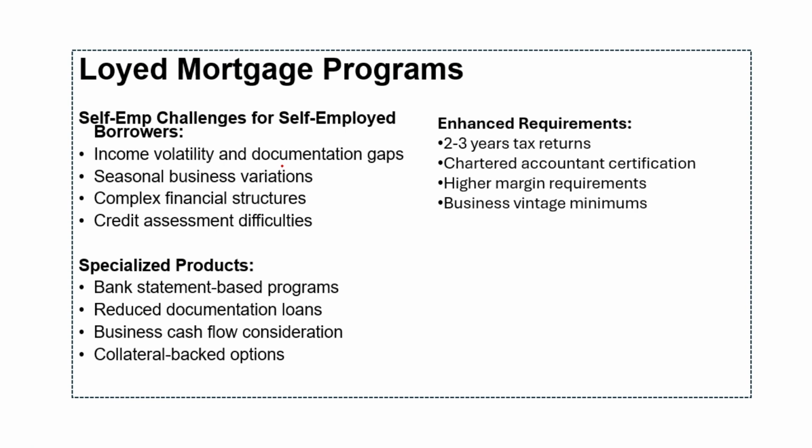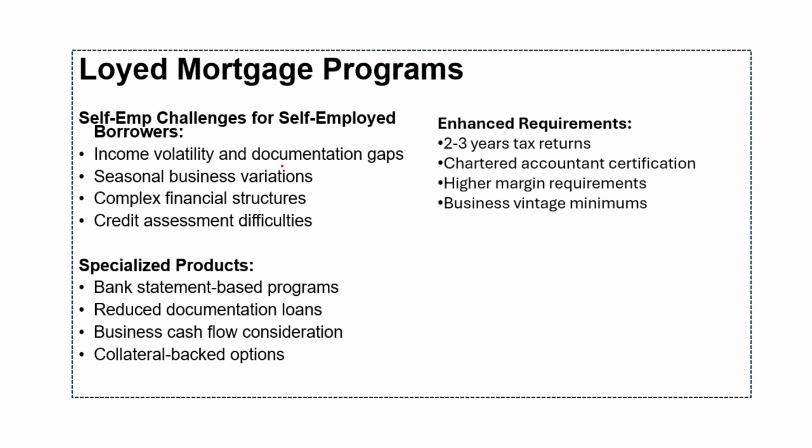Seasonal businesses like agriculture related enterprises, tourism and festival dependent retailers face particular challenges in demonstrating consistent repayment capacity. The documentation gaps arise from less formal record keeping, cash transactions and complex business structures involving multiple entities or partnerships.